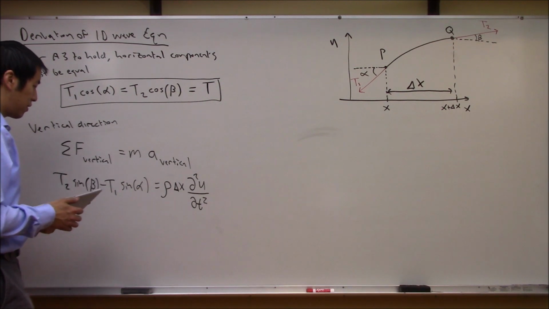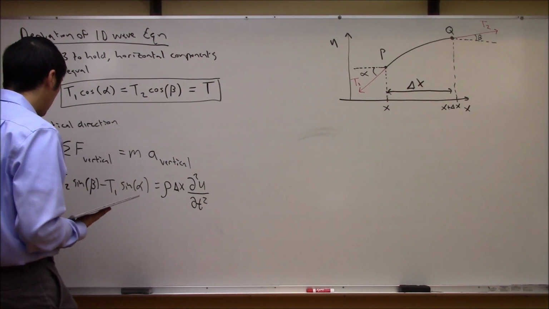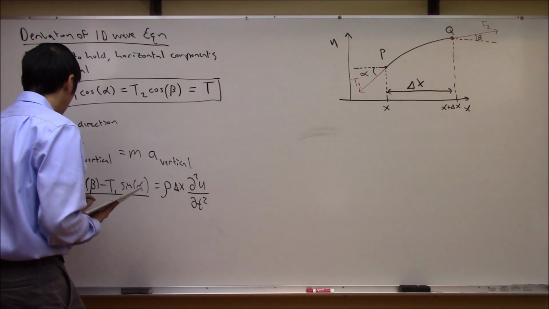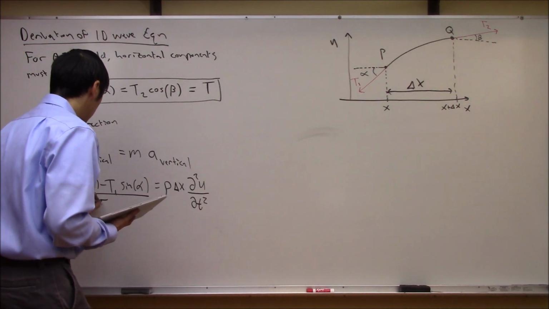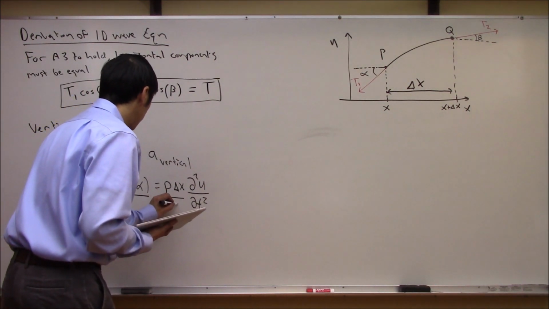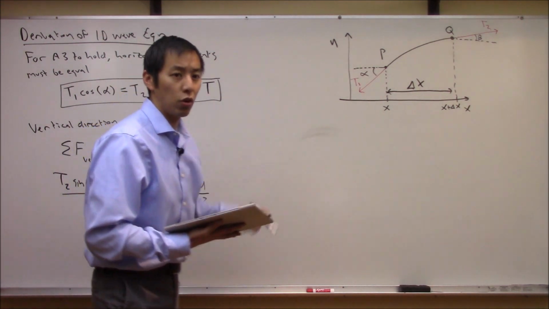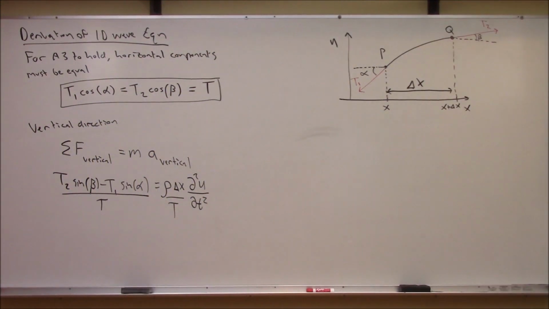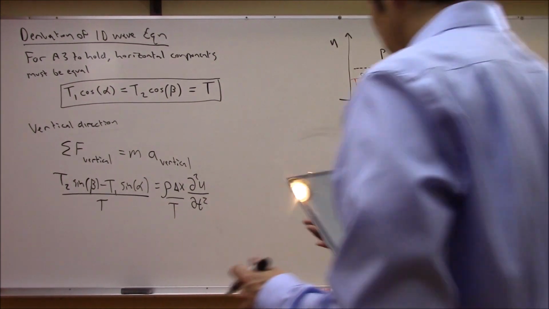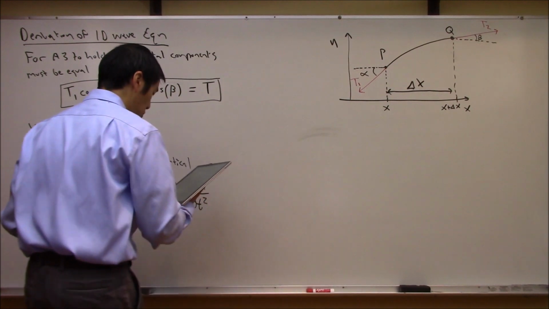Next step, let's divide both sides by t, and maybe we'll rewrite it over there. Now if we divide by t, we can rewrite this whole system.